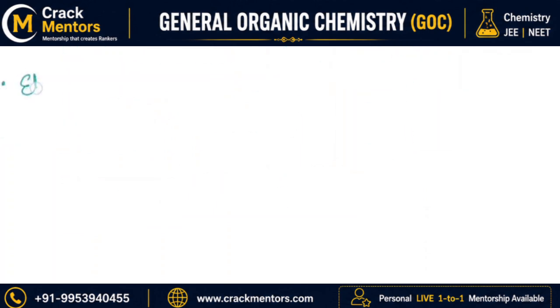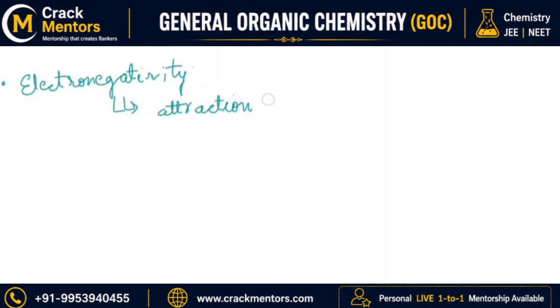Now let's discuss electronegativity. So what is electronegativity? Actually, electronegativity is the power of any atom, or any element, to gain electrons. So it is related to the attraction of electrons.